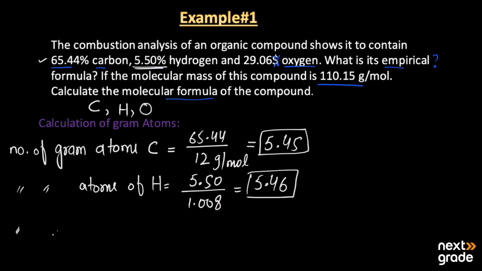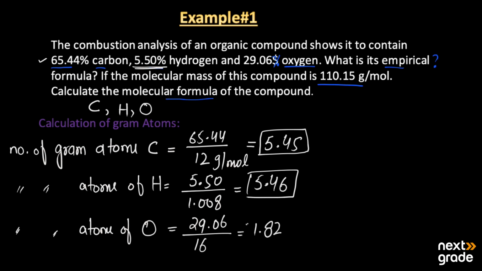And next we have the number of gram atoms of oxygen. The percentage of oxygen is 29.06 divided by 16 gram per mole, and the answer we have is 1.82. So here we have the gram atoms of carbon, hydrogen, and oxygen.